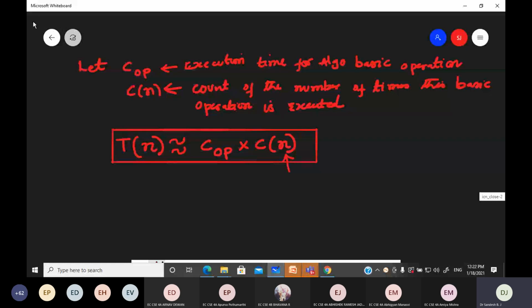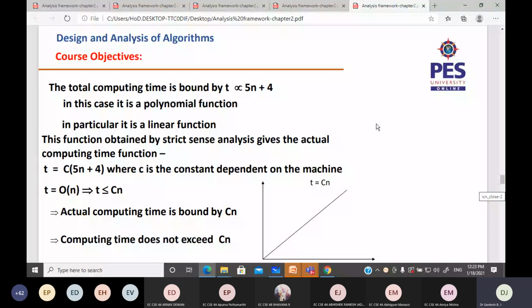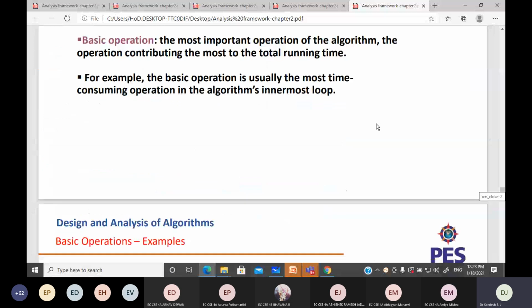And also, so that's what it says. Our framework says that we need to find the most basic operation and count the number of times it is executing, which is given by C(n). If this basic operation takes time c_op, then T(n) is given by c_op into C(n).